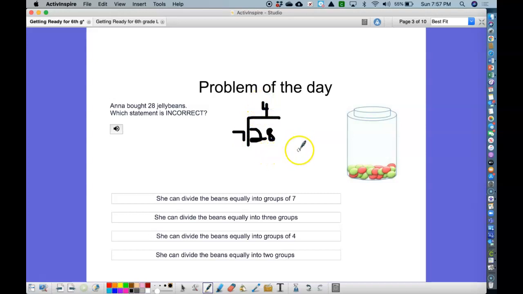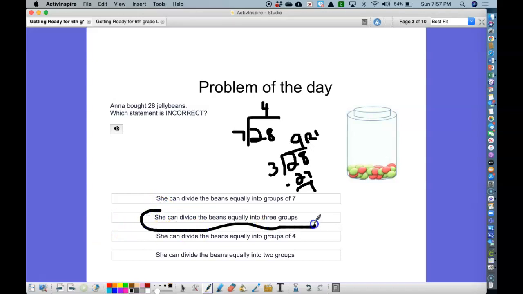And if I do 28 divided by 3, that would be 9 with a remainder of 1. And 28 can be divided by 4 because that's 7, and 28 can be divided by 2, and that would be 14. So the one that is incorrect is she can divide it into groups of 3 because she will have a remainder.